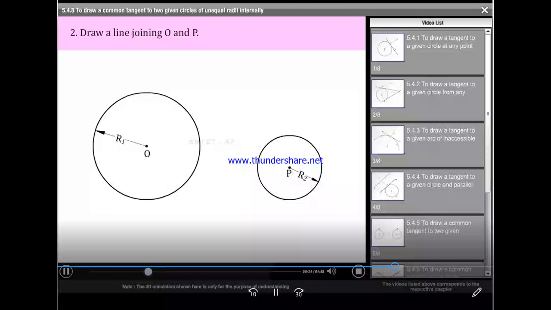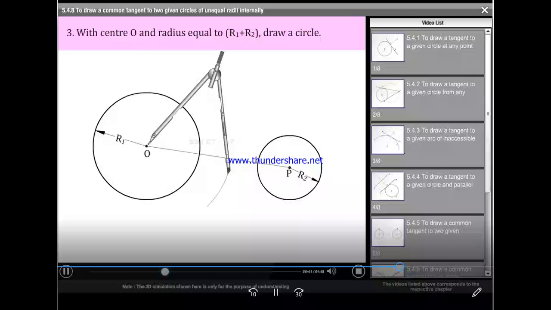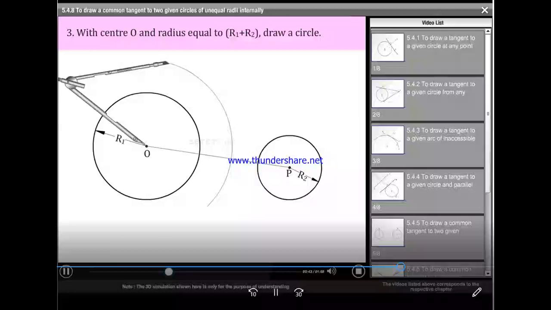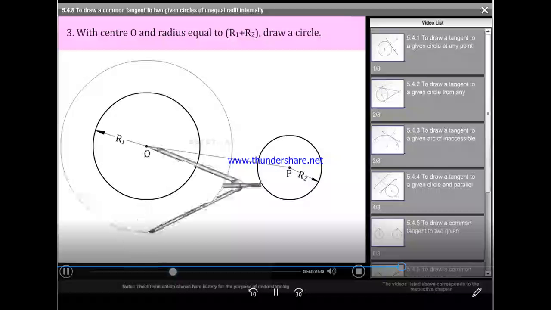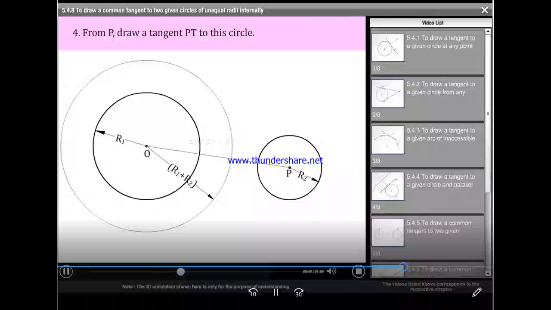Draw a line joining O and P. With center O and radius equal to R1 plus R2, draw a circle. From P, draw a tangent PT to this circle.